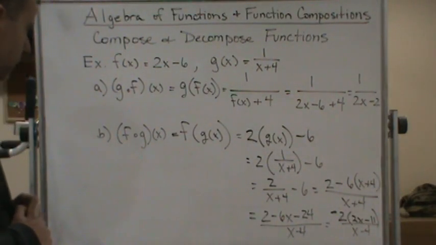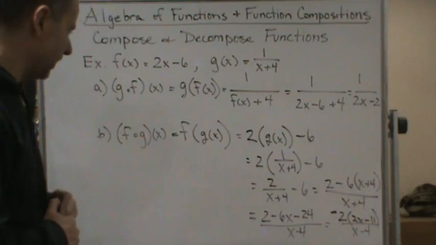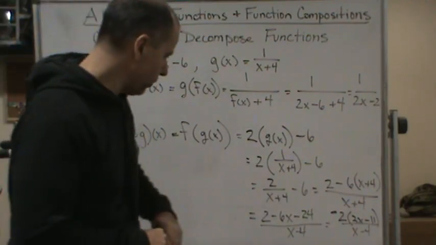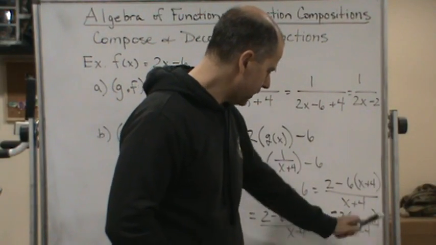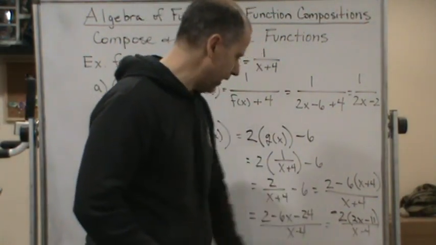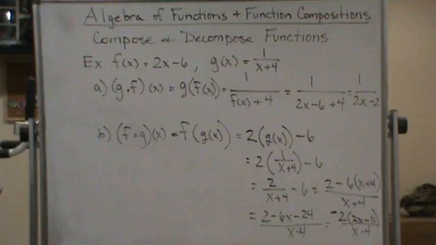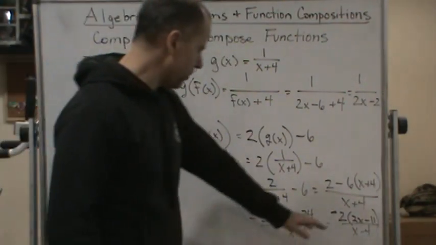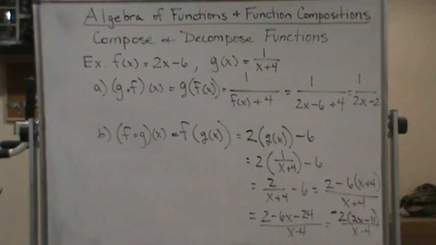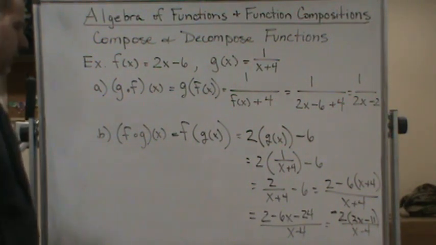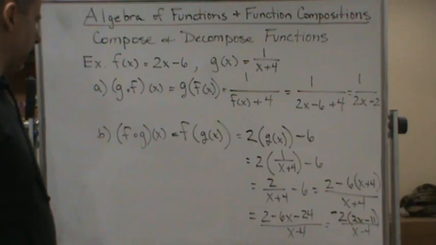Negative 2 times the quantity 3x minus 11, all divided by x minus 4. And so in this case here, we have a restricted value of 4. X cannot be equal to 4 because we'll get 0 in the denominator.